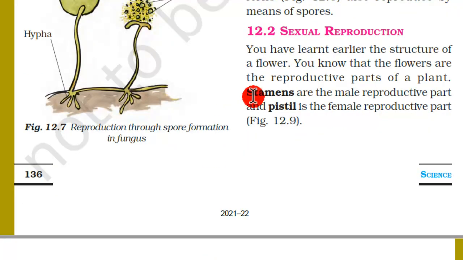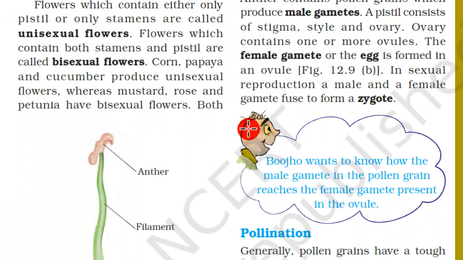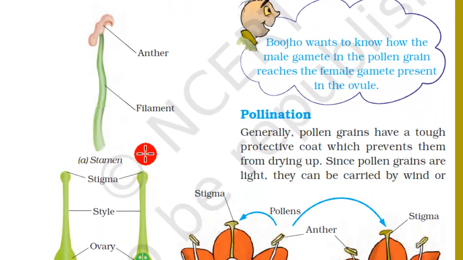Let's see the next topic, sexual reproduction. In sexual reproduction, both parents are required. Let's see the reproductive parts of the plant. This is the stamen. In the stamen we see the upper portion is the anther.